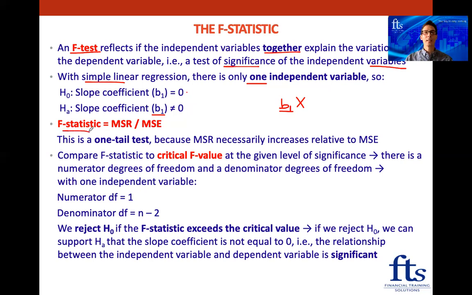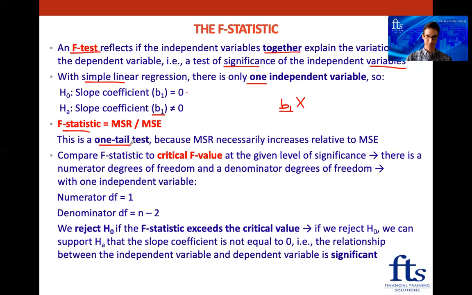Now, our F statistic, we've seen it in our ANOVA table. It's the mean square regression over the mean square error. Now, this is something that freaks people out, because when we did hypothesis testing, we said if we want to see if we are equal to anything, then it's a two-tailed test. But with the F stat, or the F test, it's only a one-tailed test.